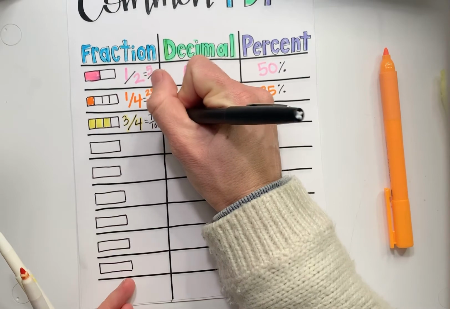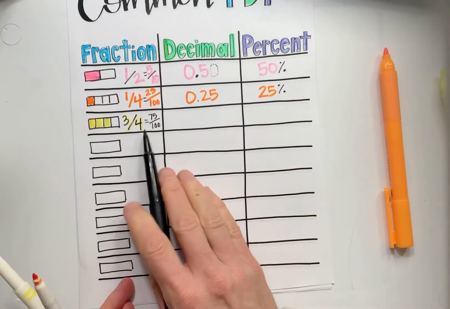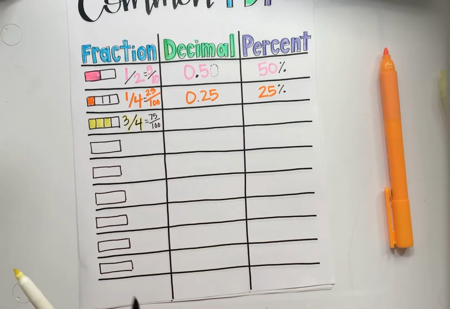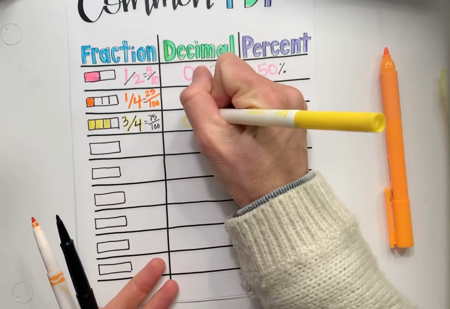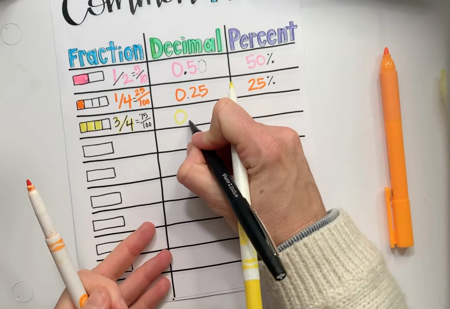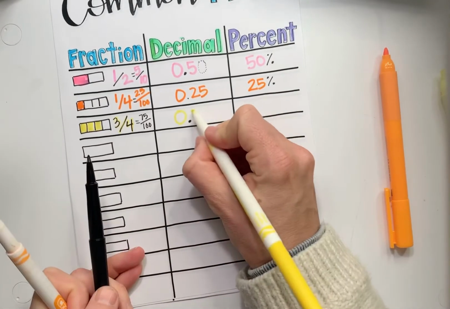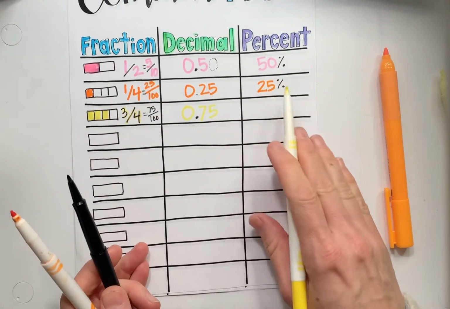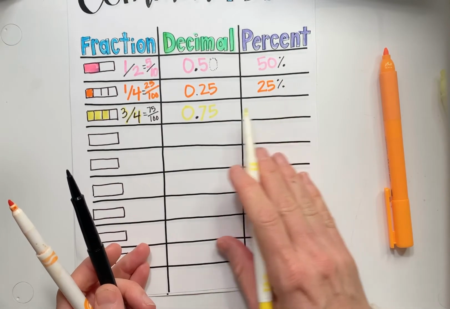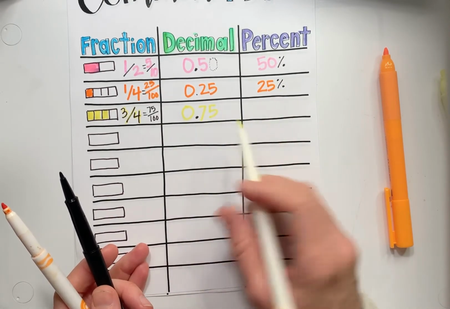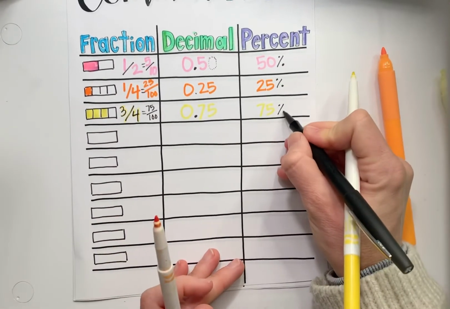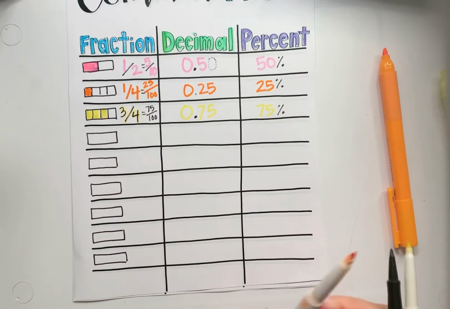So that's going to be the equivalent fraction of 75 hundredths. And if I say that out loud, 75 hundredths, I know it will look like this as a decimal, 0 and 75 hundredths. And again, I'm already in hundredths, so the conversion to the percent will be pretty simple. 75 stays 75, and it's out of 100, so percent.